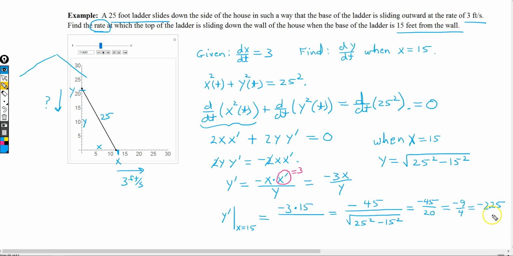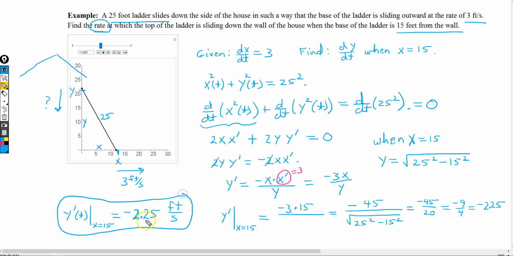And that will have units of feet per second as well. So then we have our answer over here: y prime of t when x equals 15 is negative 2.25 feet per second. And that is our answer.